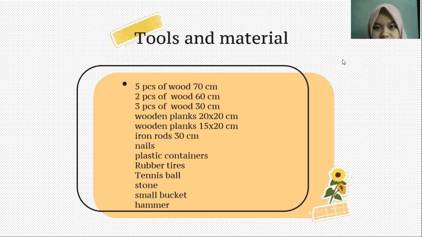The next material is iron wood 30 centimeters long. And the other things that we need are nails, plastic containers, rubber tires, the tennis ball, the stone, a small bucket, and the last is a hammer.